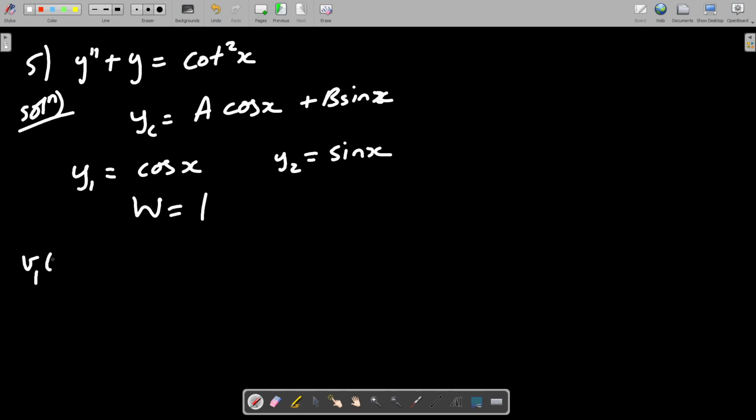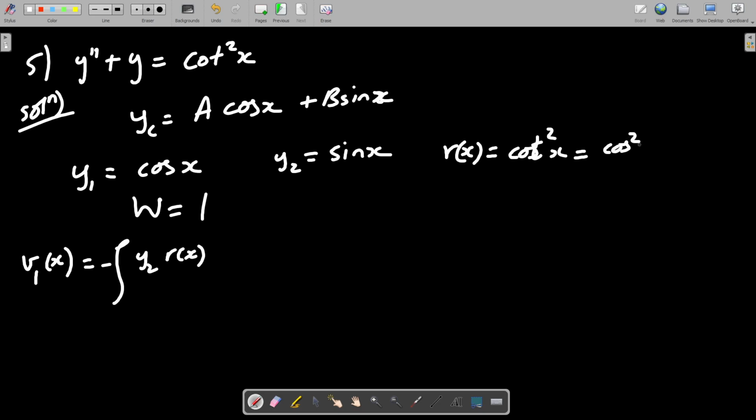So what will get your v1 of x to be equal to minus integral of y2, and what has changed is only rx. Cot square x, this can be thought of as cos square x upon sin square x. Okay, we'll write it in this form so that some terms cancel out.